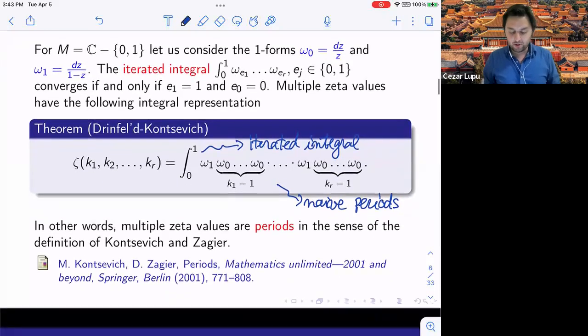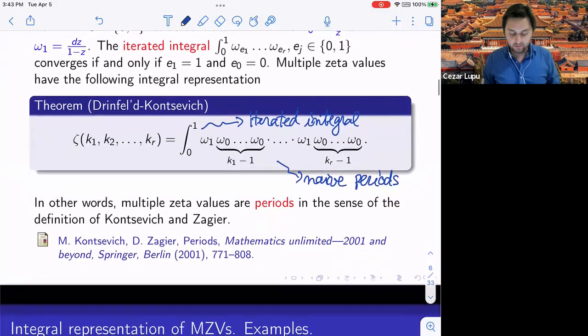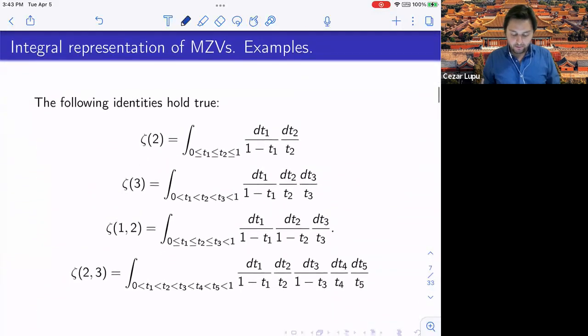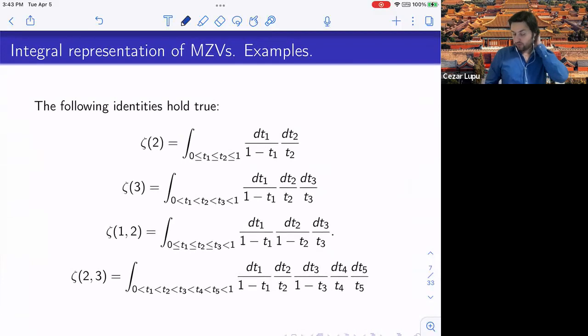Let me give you some examples for single zeta values. You can write zeta of 2 as the integral over t1 less than t2 less than 1 of dt1 over 1 minus t1 times dt2 over t2.